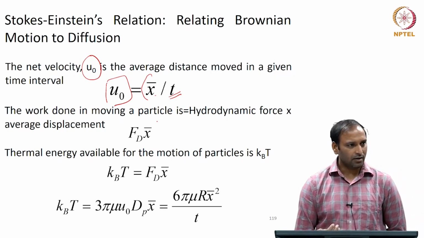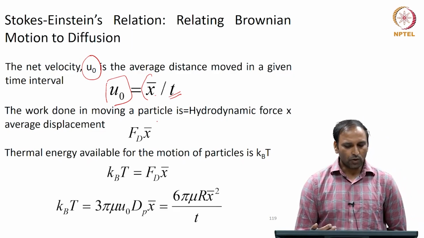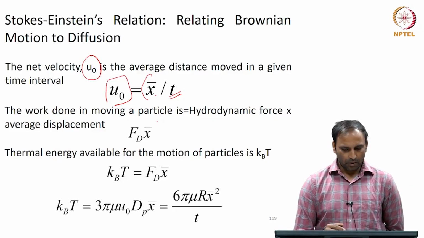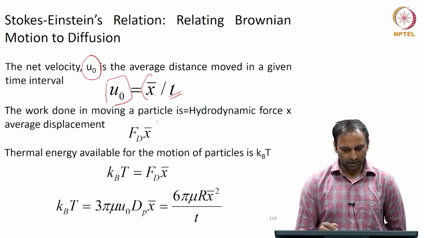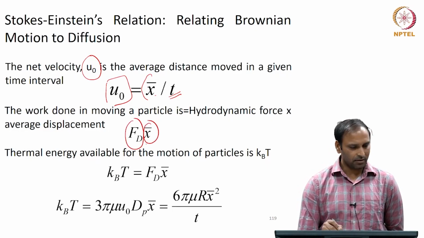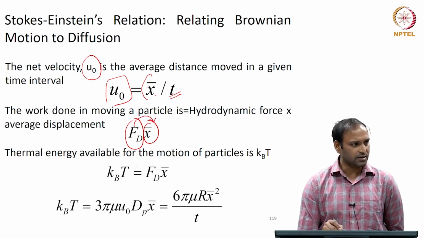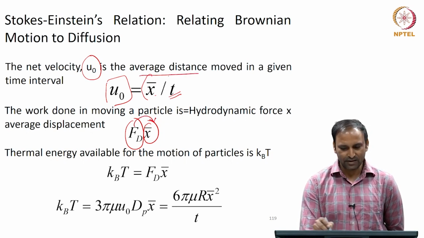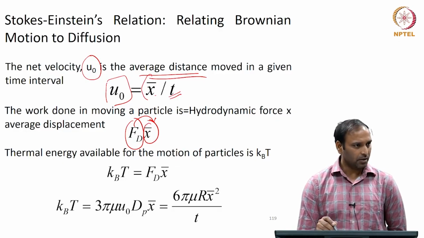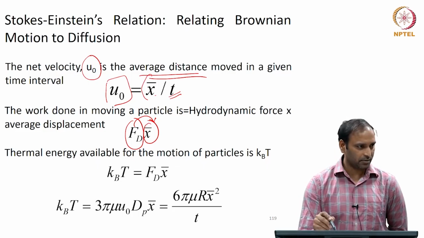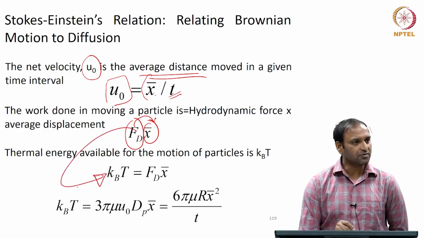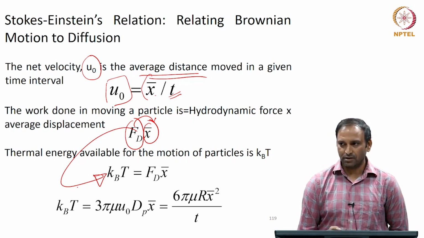The work that is done by the moving particle is Fd multiplied by x bar, that is, force times the average distance that it travels. That is the work that has to be done in moving the particle. Now, where does that energy come from?